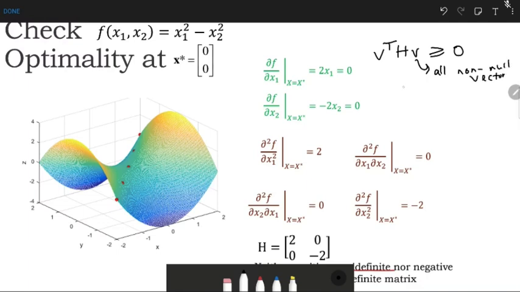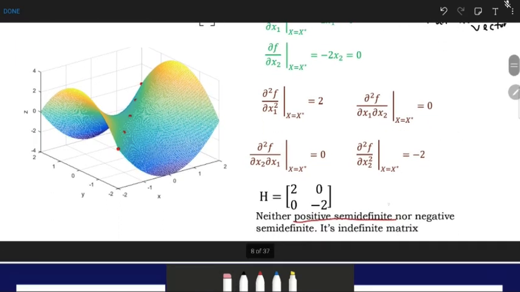If you find two vectors V1 and V2, and for V1 you get greater than or equal to 0, and for the other vector you get something else, then it is not going to satisfy any condition. So you can't tell if it is positive semi-definite or negative semi-definite.